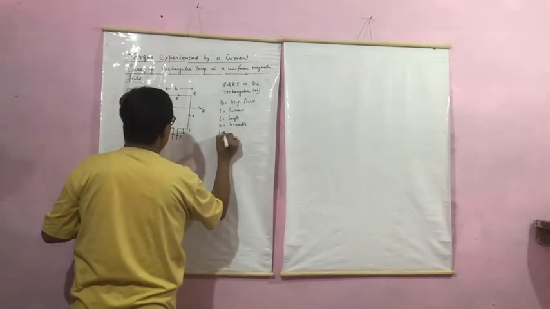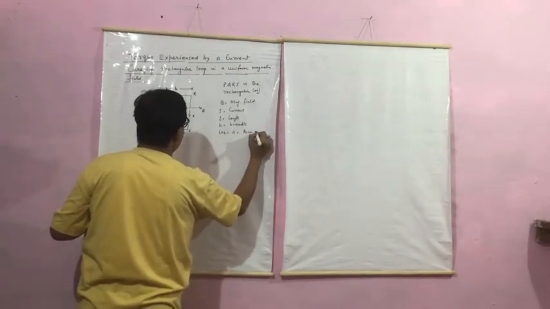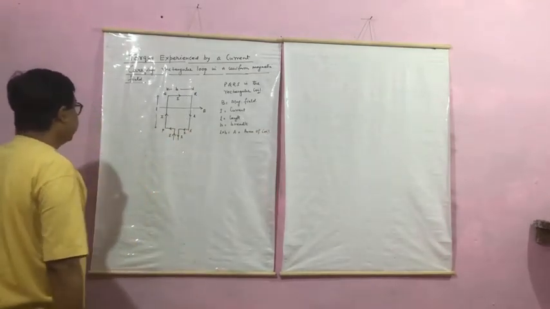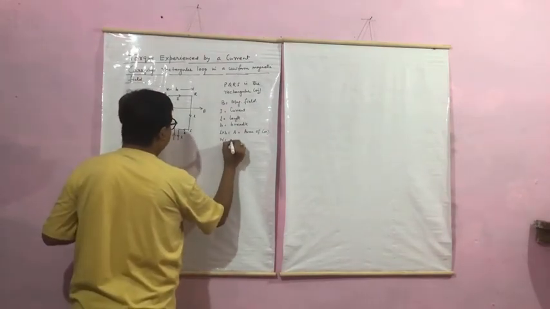Therefore, L into B is area of coil. And N is number of turns.